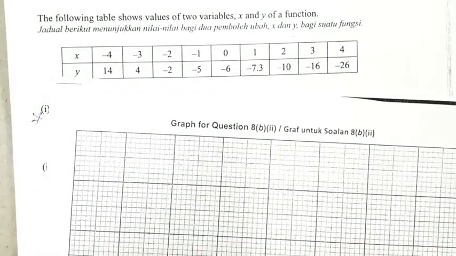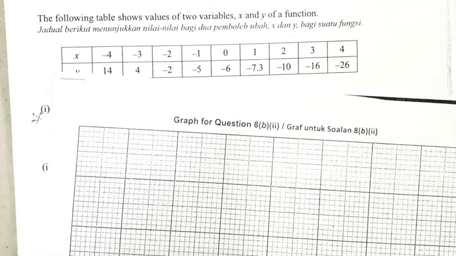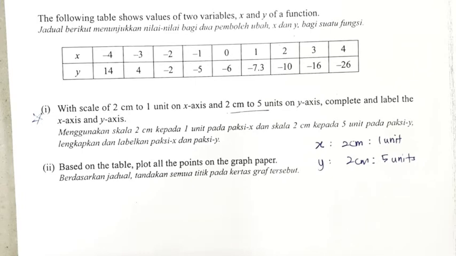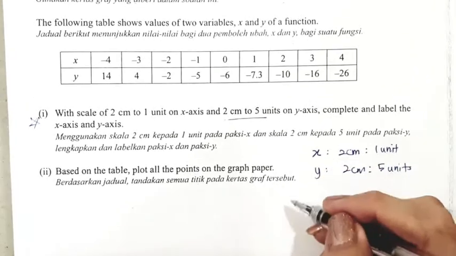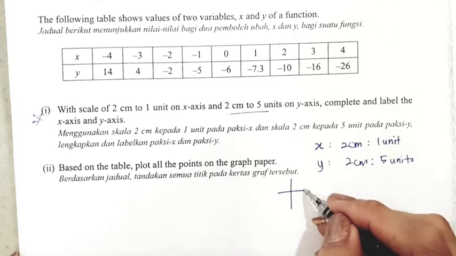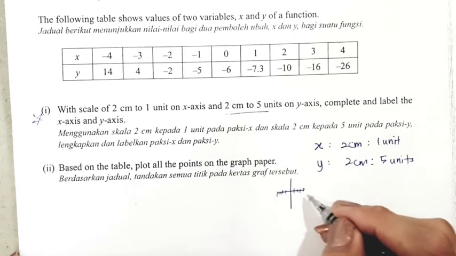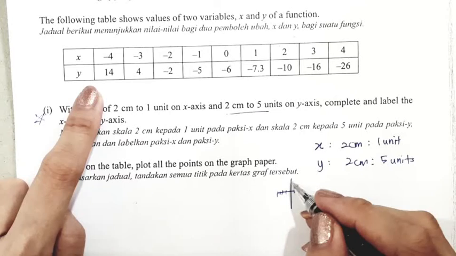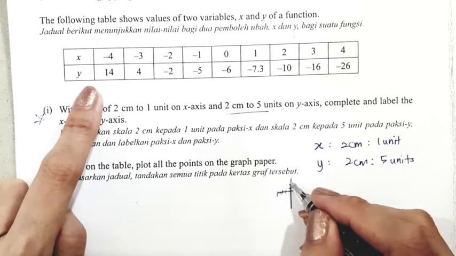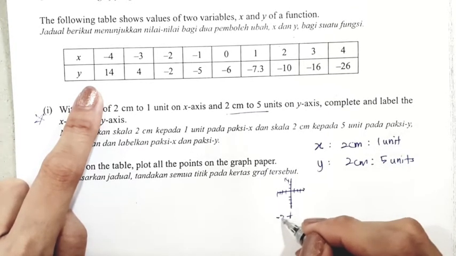So with that, we have to plan our graph. You can just do a simple sketch so that you know roughly where you should draw your x-axis and y-axis. So you have 1, 2, 3, 4 over here, and 1, 2, 3, 4 over here, and 14 somewhere here, and more on the down part because it goes up to -26.